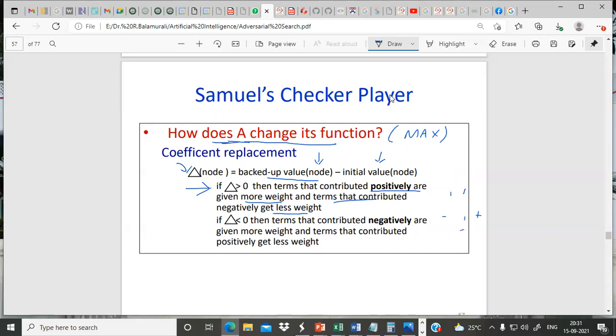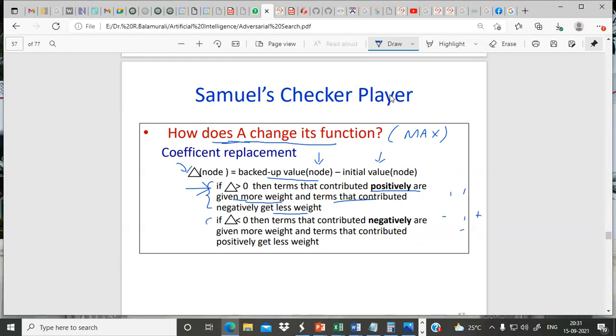So whichever term contributed negatively, their weight will be reduced, and whichever term contributed positively, their weight will increase. That is what it does if del is greater than 0. Because we want to maximize our result, the terms which contributed positively increase their weight, and the terms which contributed negatively decrease their weight.